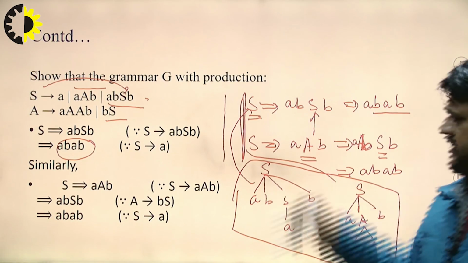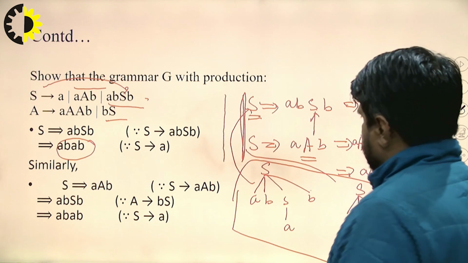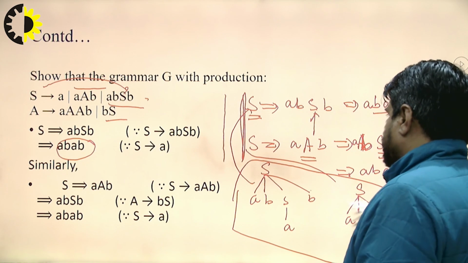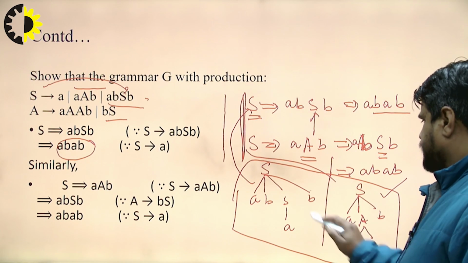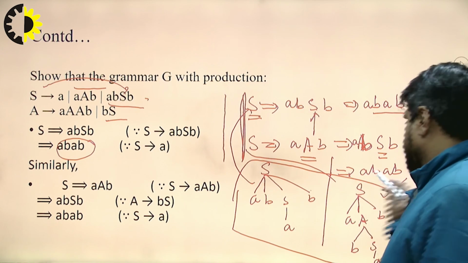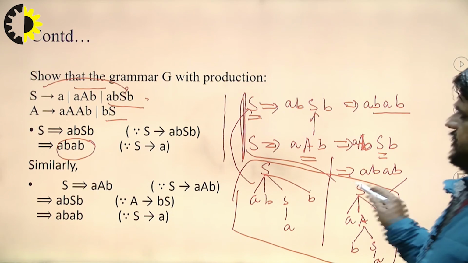If you think of the rightmost, then more than one rightmost derivation is also possible. Then you can say this grammar is ambiguous because there is more than one parse tree for the string AB. You can see a different parse tree will be here.